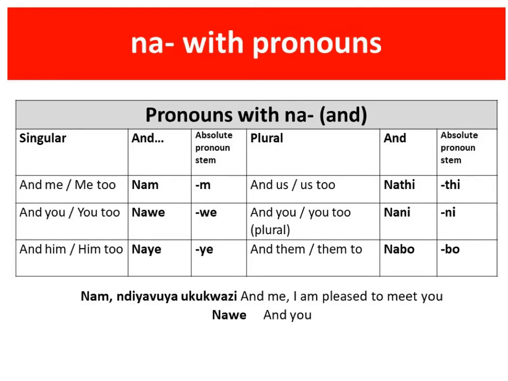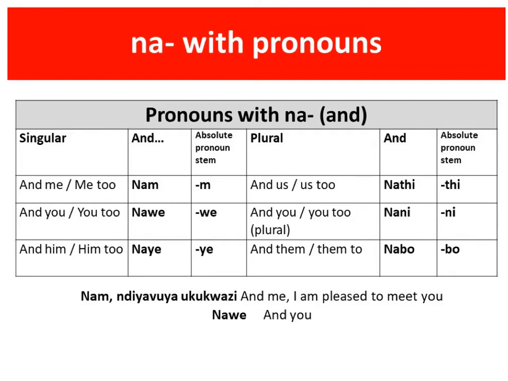If you want to say "and you", "you too", or "you also", nawe. And "him too", or "him also", naye. Also for the plural ones, so "and us" or "us too" is nati. You plural, when you're addressing a whole group, nani. And if you're talking about "and them" or "them too", that would be nabo.